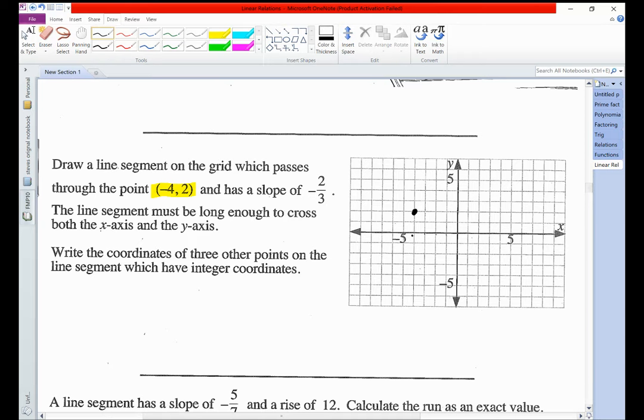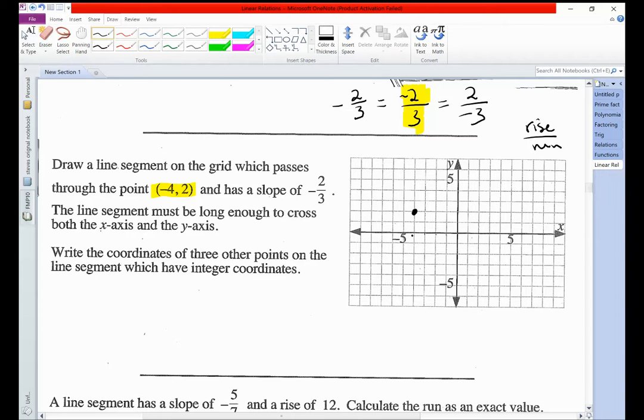So I just want to remind you that -2/3 is the same as -2 over 3, which is also the same as 2 over -3. So if I were to plot -2/3, we know that's rise over run.